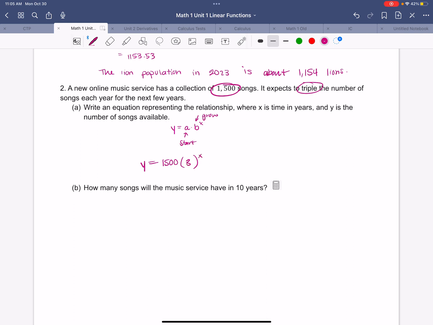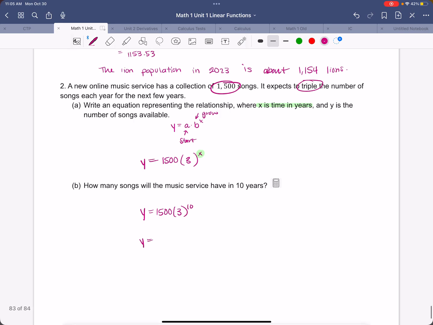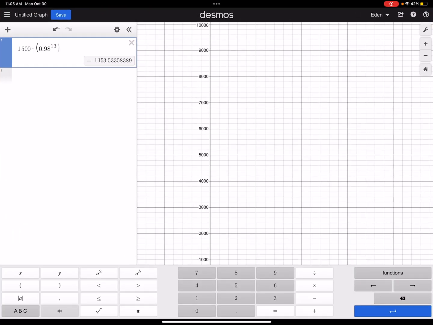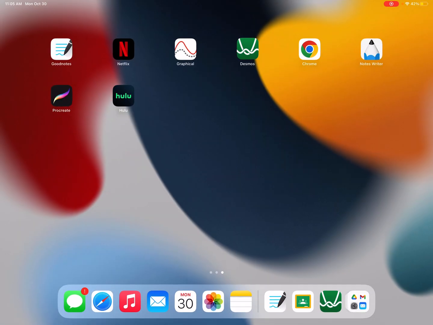Part B says, how many songs will you have in 10 years? Since x represents time in years, if I plug 10 into x, I can find my answer. That's going to be 1,500 times 3 to the 10th power. Let's see.